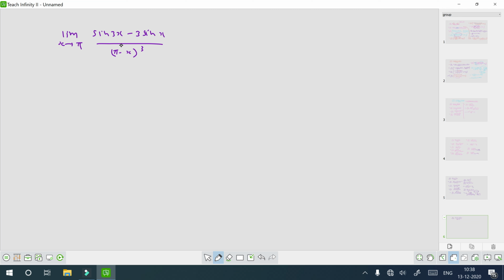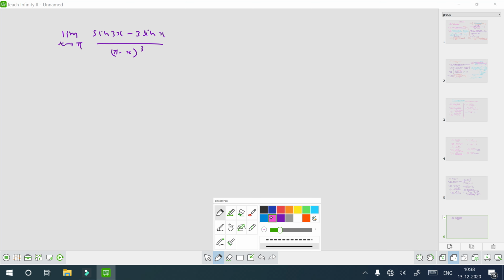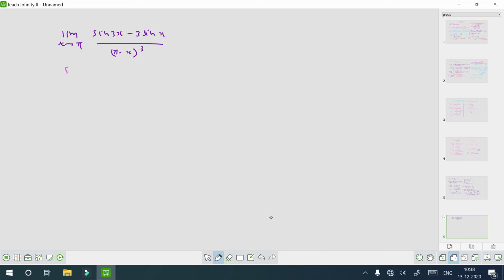Then what we have to do? Take pi minus x equal to another variable. Suppose pi minus x is equal to y. So pi minus y is equal to x. Clear? Also, x tends to pi implies y tends to 0. Agree with me? Yes. Next one.